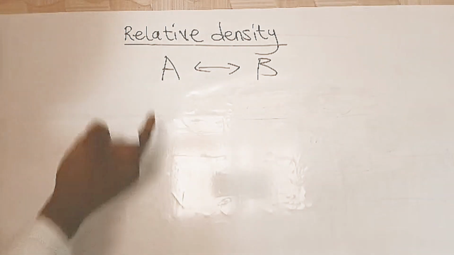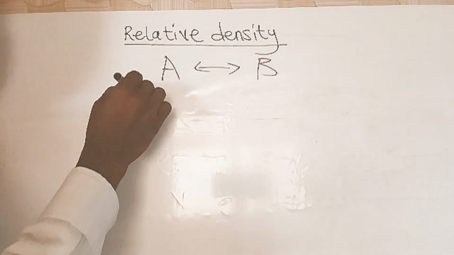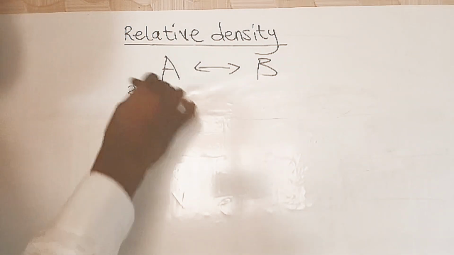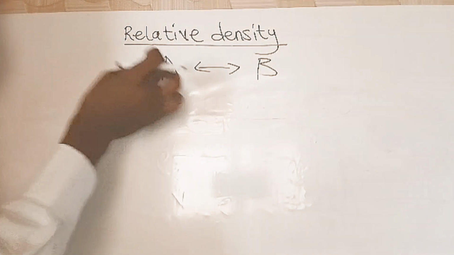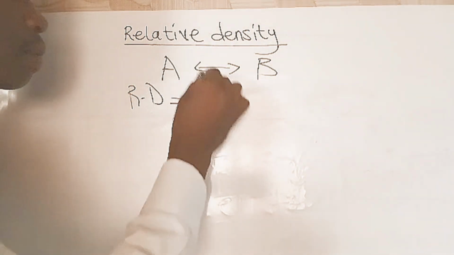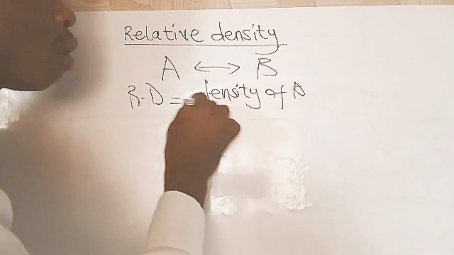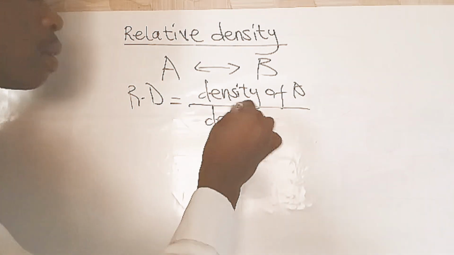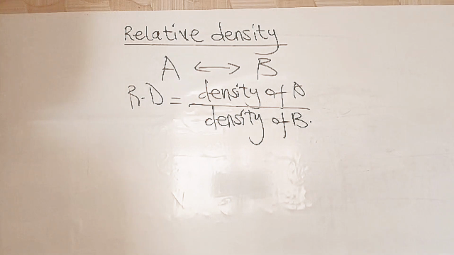Let's say you have material A and material B. The relative density of the material will be the density of material A divided by the density of material B. So we say density of A over density of B. But mostly B represents the density of water.